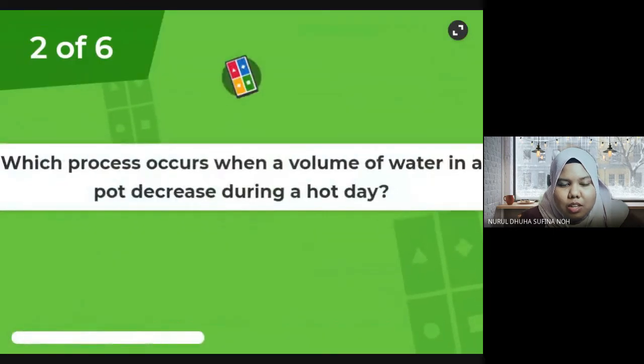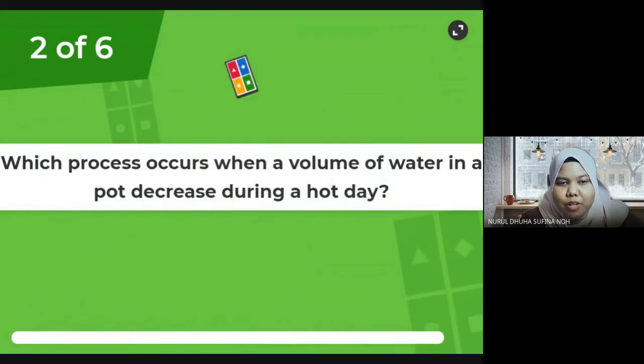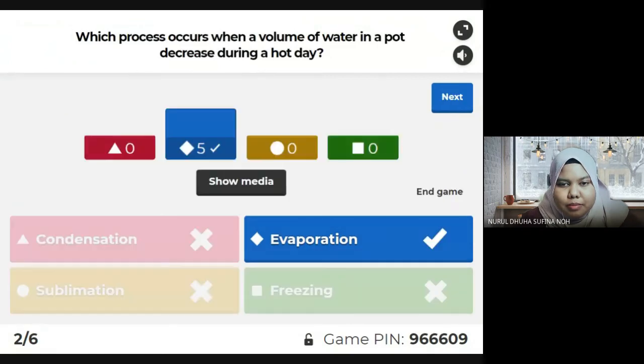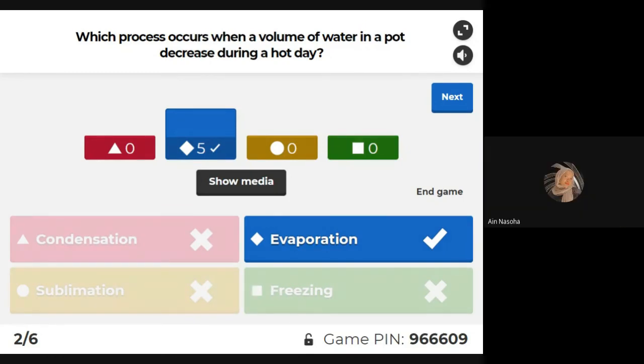Okay, the second question. Which process occurs when the volume of water in a pot decreases during a hot day? Okay, the process is evaporation. Congrats, everyone. But I want to ask Aina Soha, why do you think this process is evaporation?